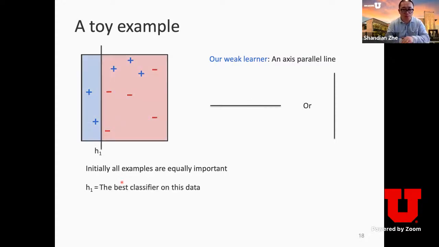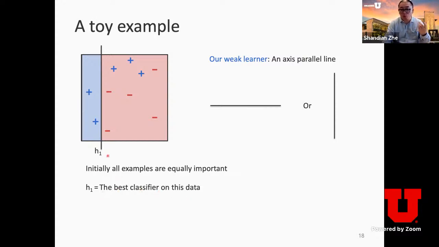First of all, we try to find a weak classifier, h1, that can give the best performance on the training data. So h1 is the best classifier on this data.